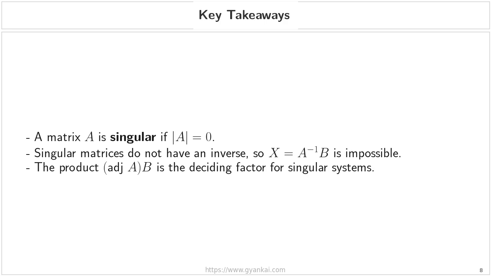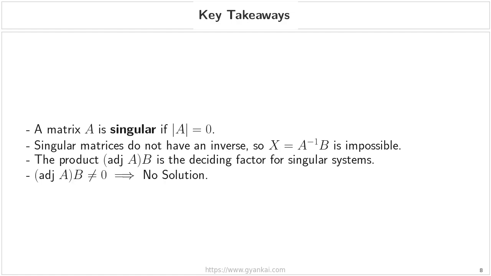So, how do we move forward? As we saw in our step-by-step analysis, the product of the adjoint of A and the constant matrix B acts as our diagnostic tool. This product is the deciding factor that tells us exactly what is happening with our system. To wrap it up, keep these two specific rules in mind.